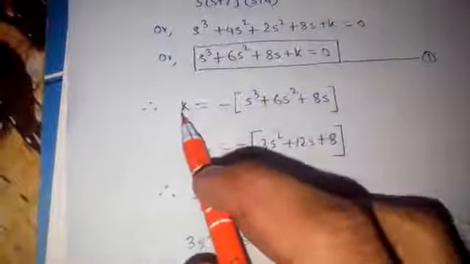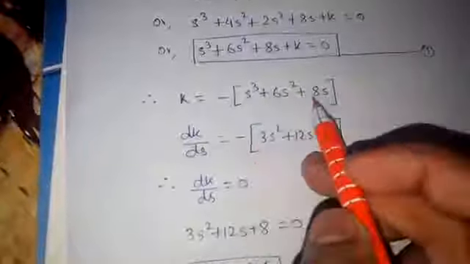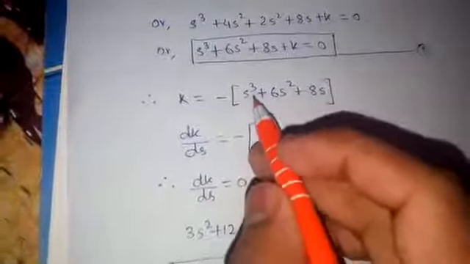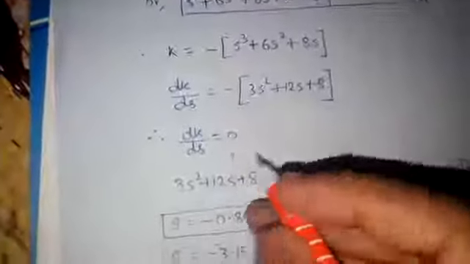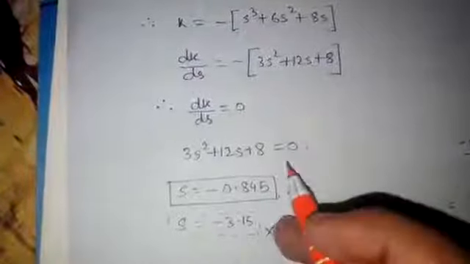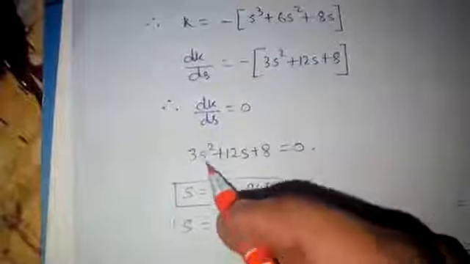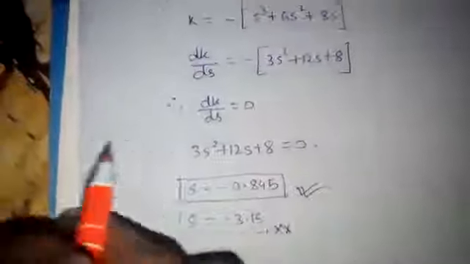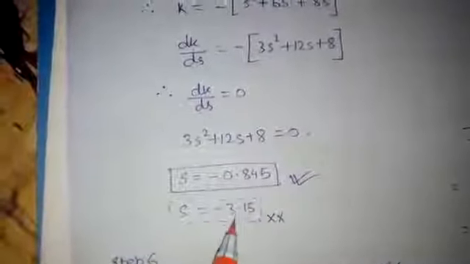From here we put k on one side and the remaining portion on the other side. Then we find dk/ds. The derivative is 3s squared plus 12s plus 8, and we put dk/ds equals 0. Solving, we get two roots of s: one is -0.845 and the other is -3.15.